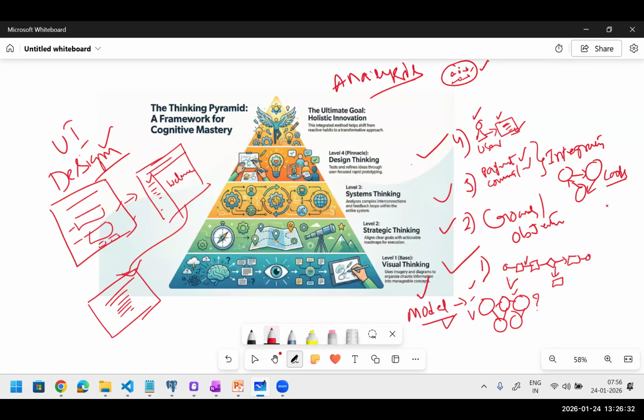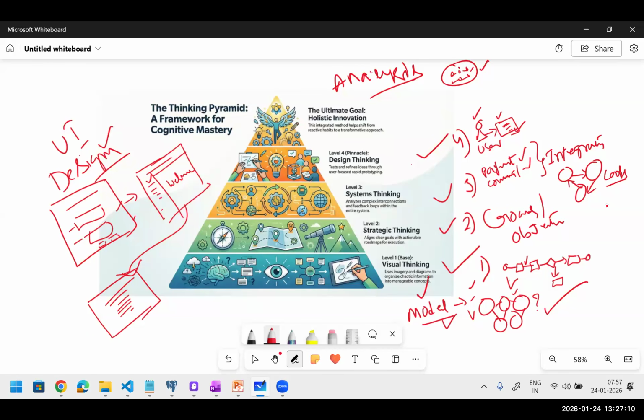There is text format, table format, and diagrammatic format. I always recommend analysts use the diagrammatic format. If you model any information in a diagrammatic way, you will be a more effective communicator, you can make others understand very easily, make them think, influence them, and also learn a lot of things.